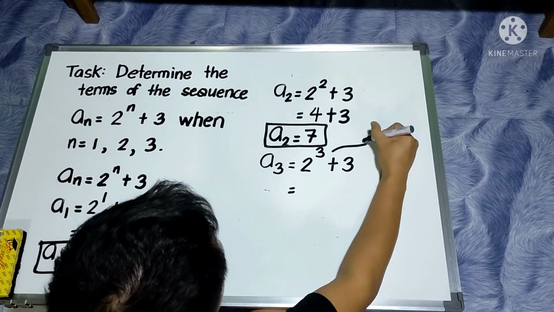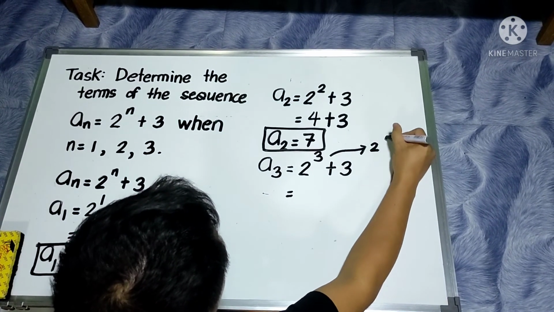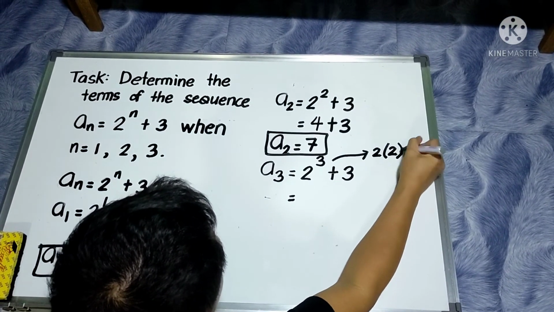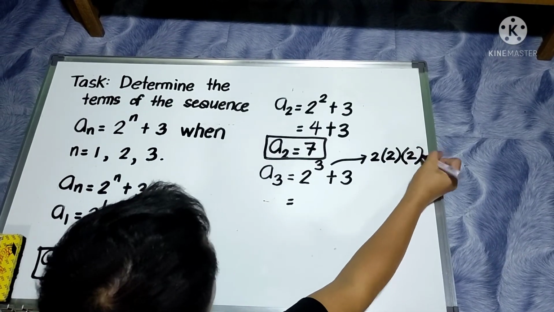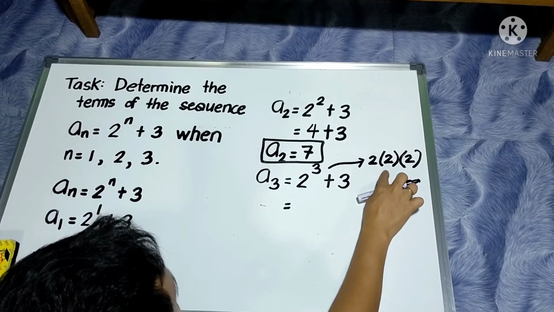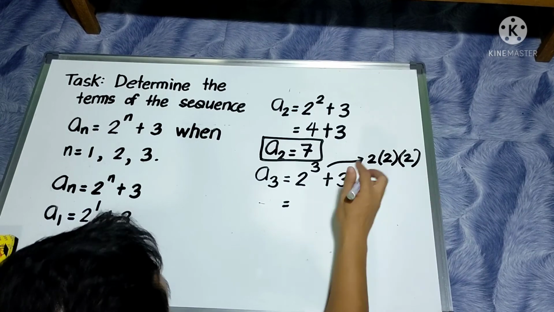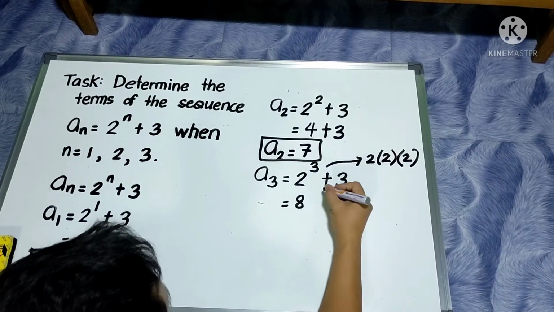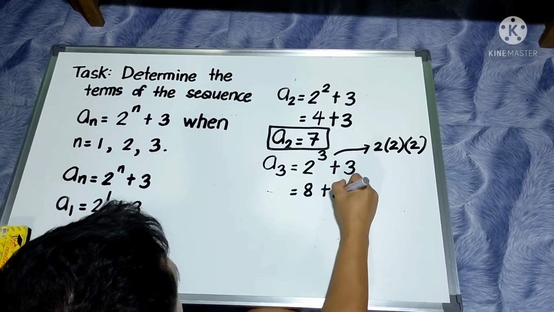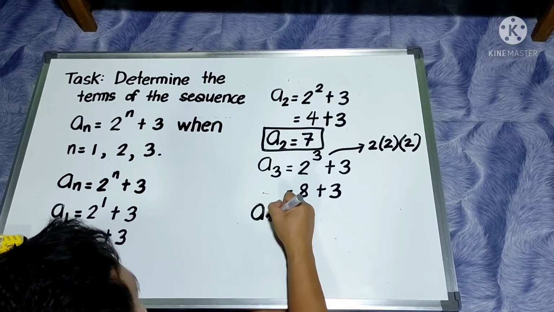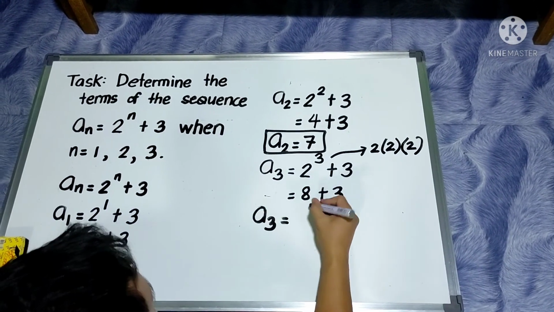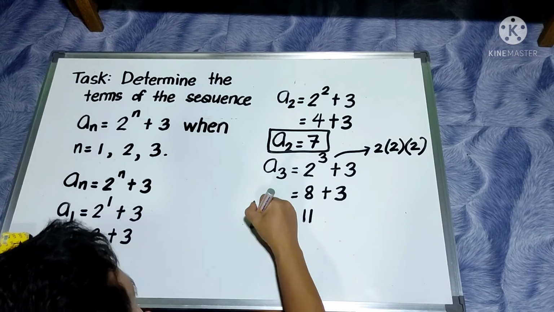So this means 2 times 2 times 2. 2 times 2 is 4, times 2, 8. Then copy, plus 3. Therefore, your a sub 3 is equal to 11.